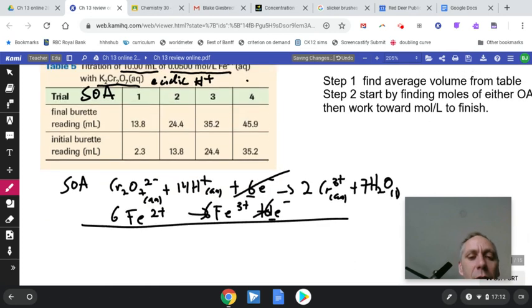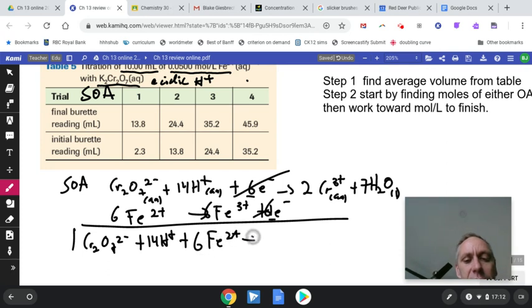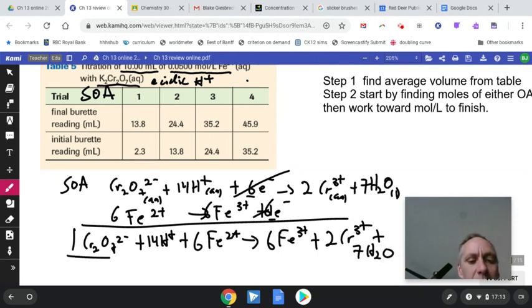And we have our overall redox reaction: 1 Cr2O7 2- reacts with 6 Fe2+ to give 6 Fe3+, 2 Cr3+, and 7 waters. Okay, now this is really what we're after, because there's our coefficients for a balanced redox reaction that we're going to need for the stoichiometry for our titration.